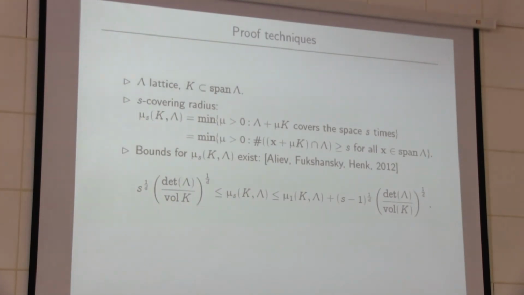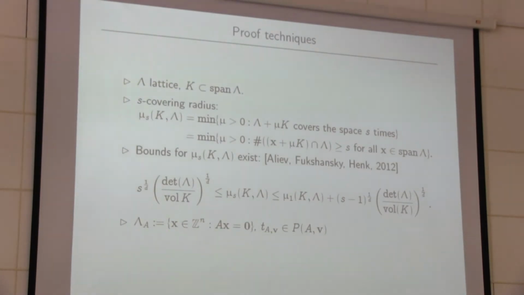So we know upper and lower bounds for the s-covering radius. So the main idea is just to express the generalized Frobenius number in terms of the s-covering radius. It's not difficult to do this.